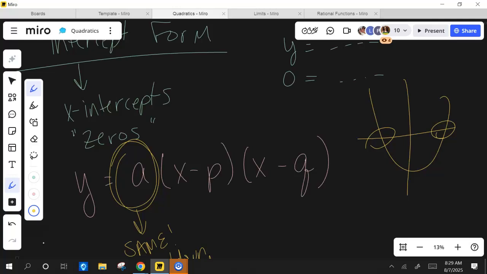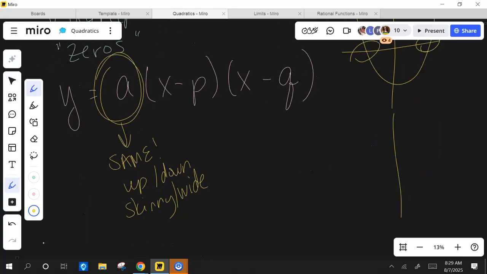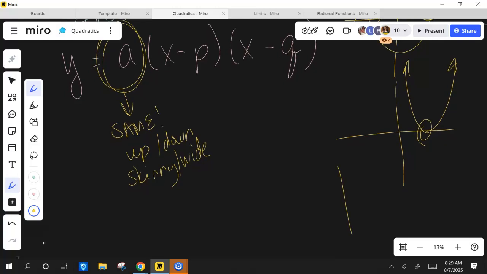Can you think of a time it wouldn't have 2? When the vertex is on the x-axis, all of a sudden I only have 1. Can you think of any other scenarios where I wouldn't have 1 or 2? That's exactly right. Above and opening up would give me no intercepts, or below and opening down would give me no intercepts, okay?